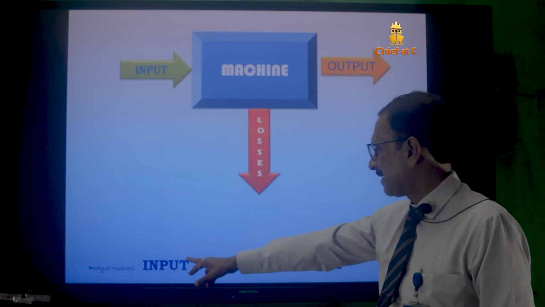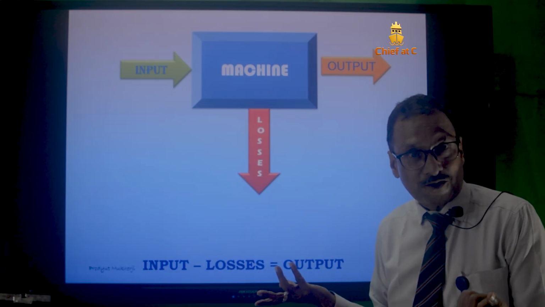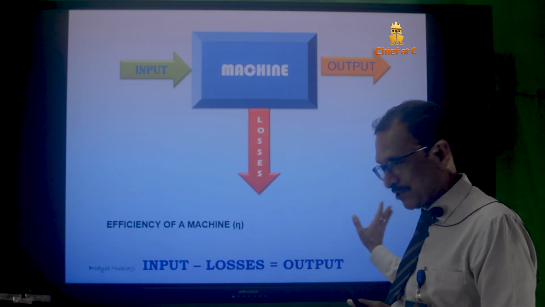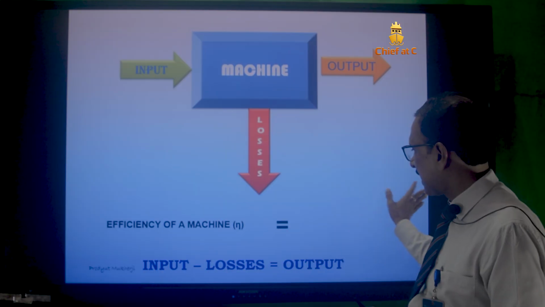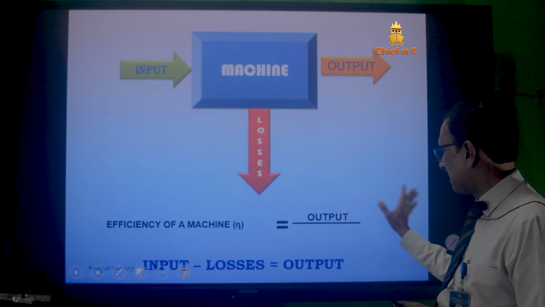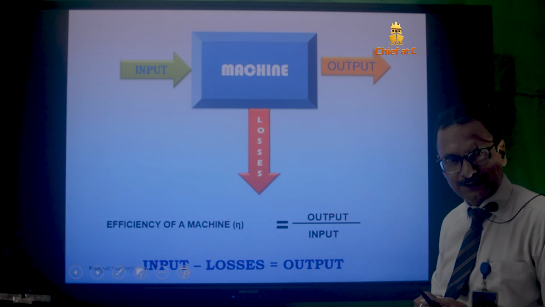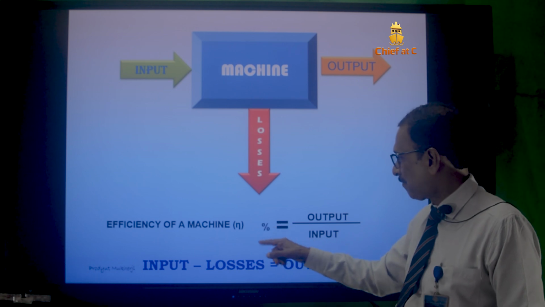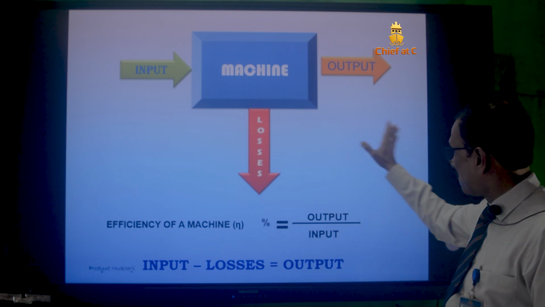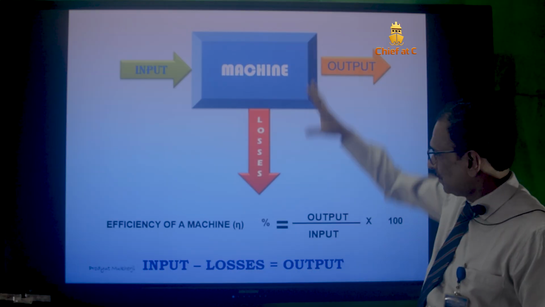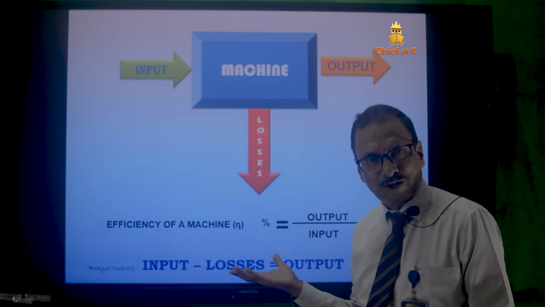So we can say that input minus losses is output, or efficiency of a machine can be expressed as output of the machine divided by the input of the machine. But if we want to express this in terms of percentage, then we have to multiply this side by 100. So this is what a simple machine is all about.